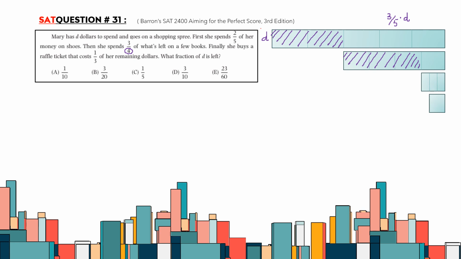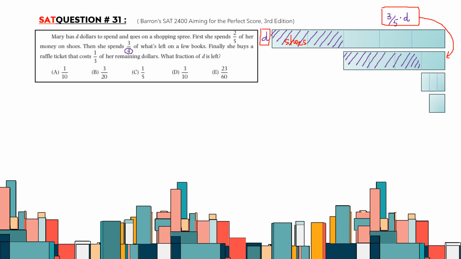In the beginning we have D dollars, but after using it for shoes, she is left with 3 out of 5 of D. From that amount, she spent 3 out of 4 of it.